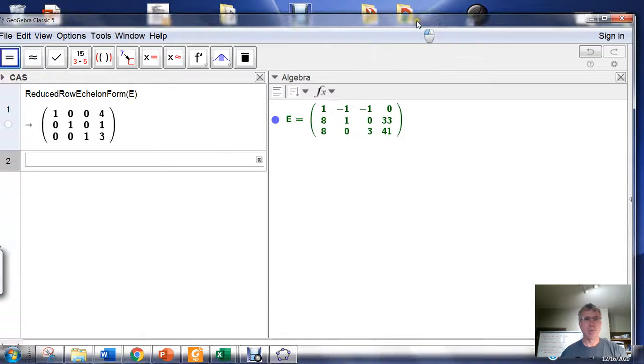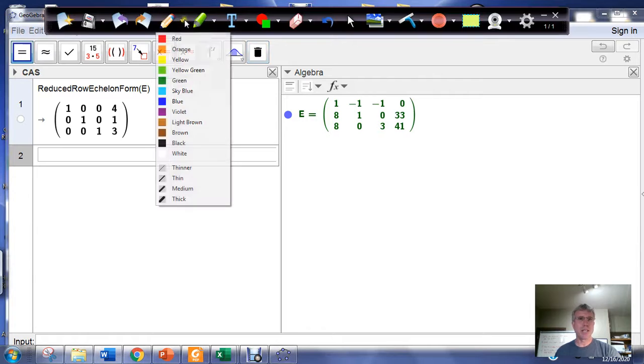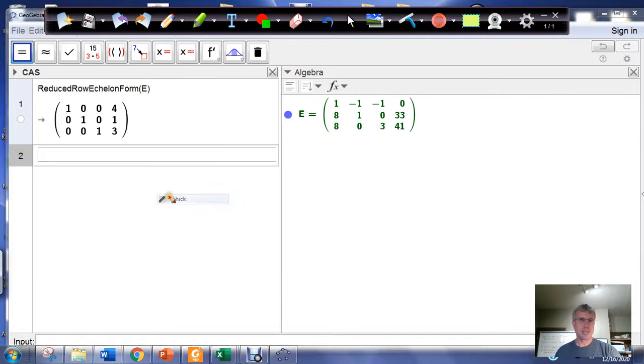Let me bring open my ink tool so I can annotate. So what we want to remember is that this was an I sub 1 column, an I sub 2 column, an I sub 3 column. So this is 1 I sub 1 equals, and this is the current, so it's measured in amps, 4 amps.